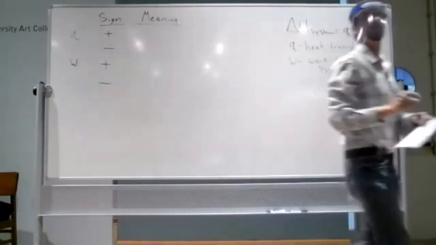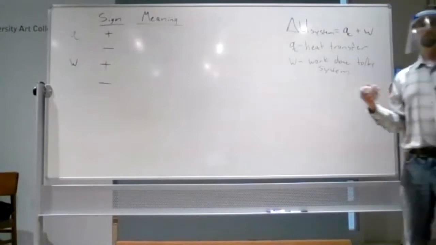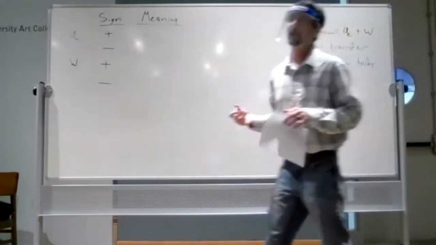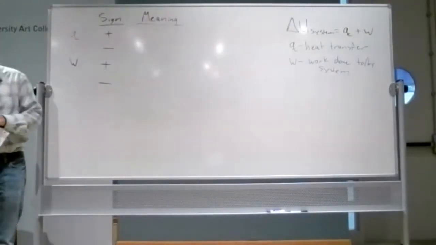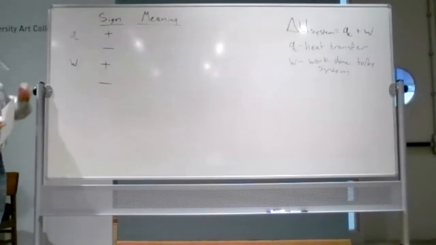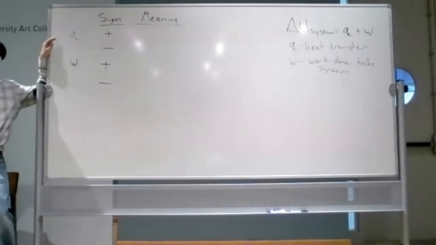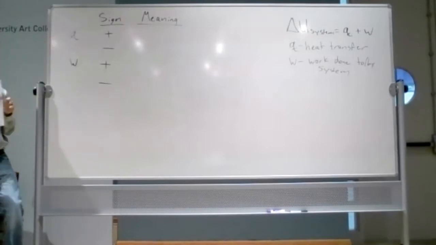So we want to consider if energy is entering or leaving the system, and what type of process that is. So, Q is positive. What does that mean? Is this an exo or an endothermic process?